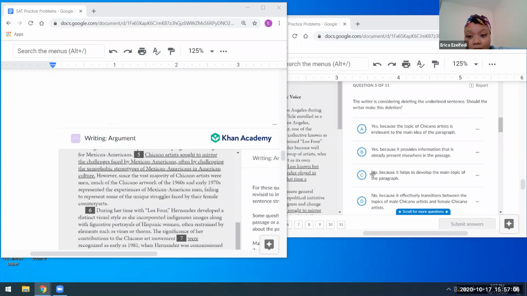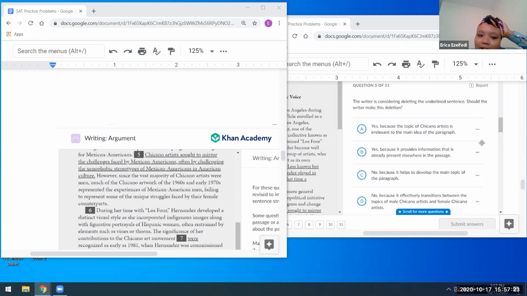It makes it easier for you to decide on the right answer. So we're looking at C and D now, because the paragraph didn't sound quite right, it felt like it was missing something when we read it without that sentence.